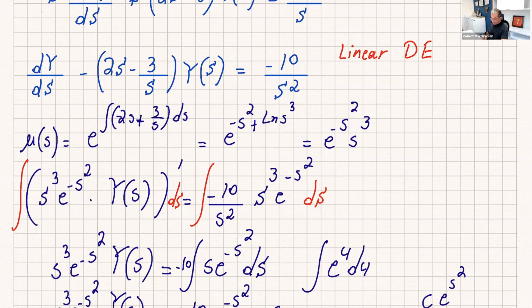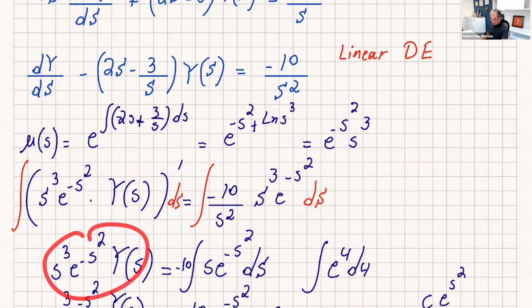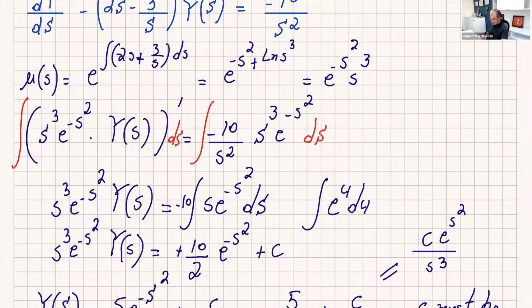Now, if you want to solve this, you have to take the integral of both sides. This is a derivative, so the integral is the same thing, and then you can take the integral of that. You can do a u substitution. So this is just e to the u du, where u is negative s squared.